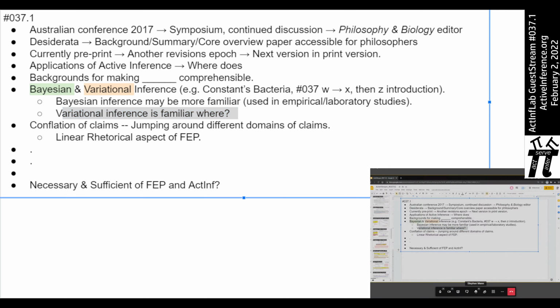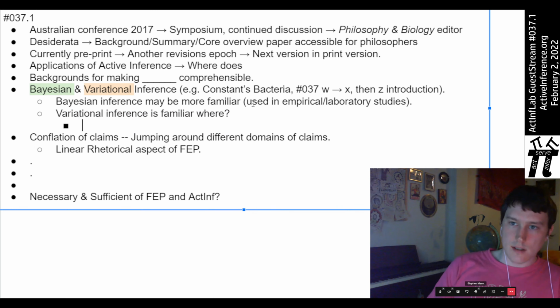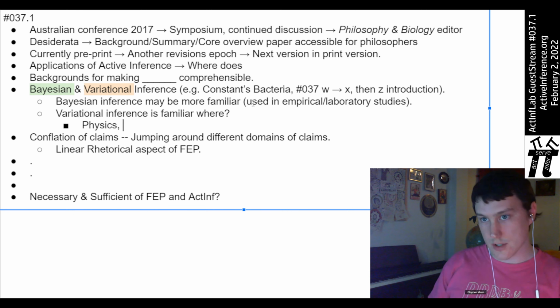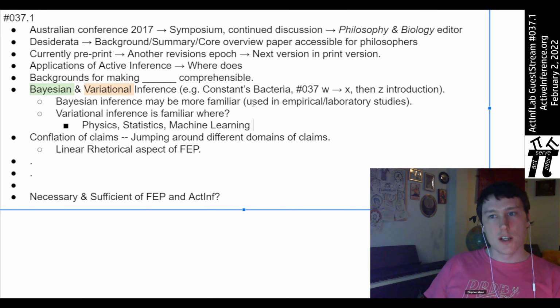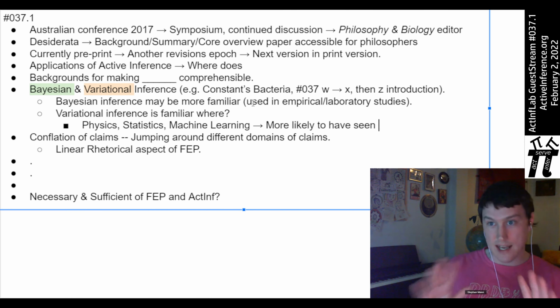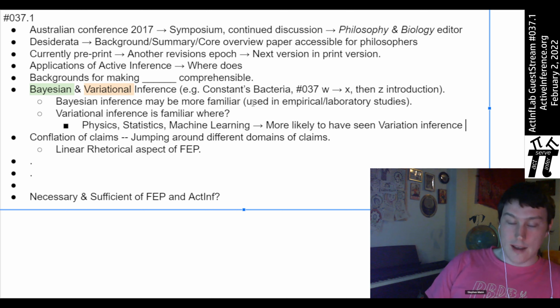Sure. So my understanding is that physicists, statisticians, and machine learning practitioners may well have come across variational inference, certainly will have had a much better chance of having come across it than philosophers, at least as of 2022.